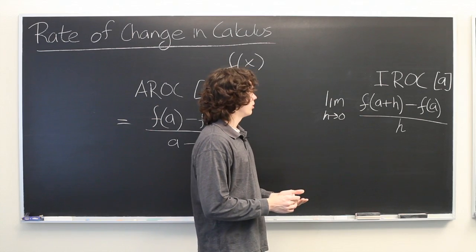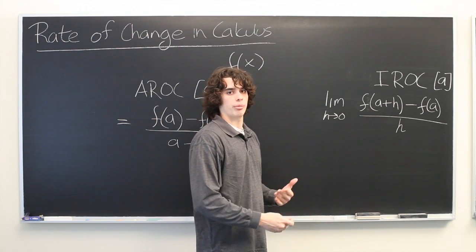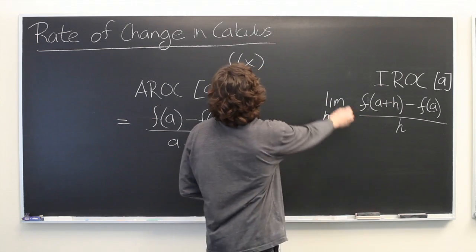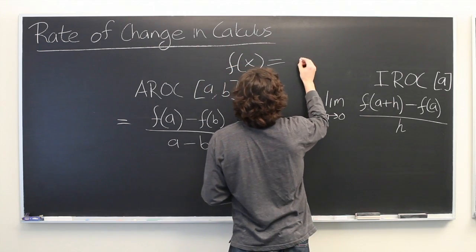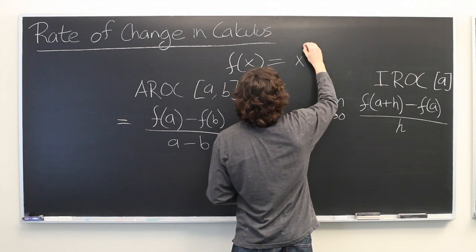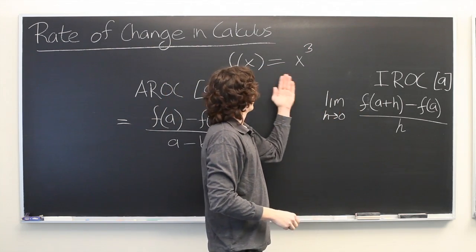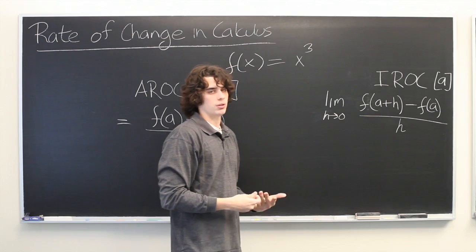And as a result, there are a number of rules and properties that have been well established as to how to do it quickly. For example, if we have f of x equals, let's say, x cubed, instead of computing this limit for x cubed, we can simply use what's known as the power rule.